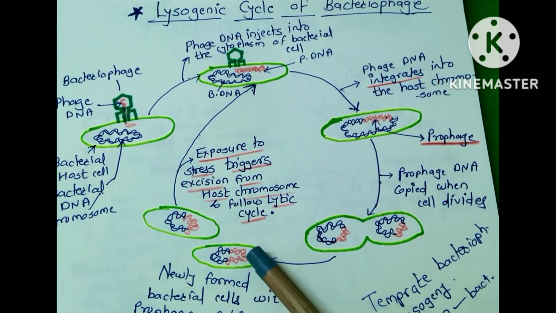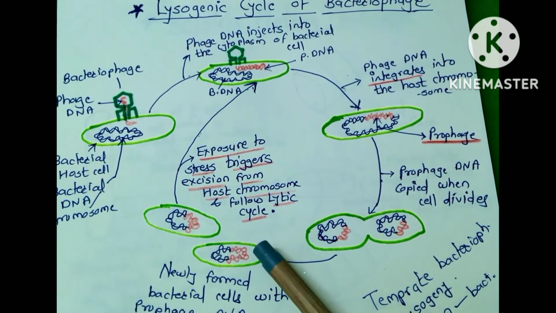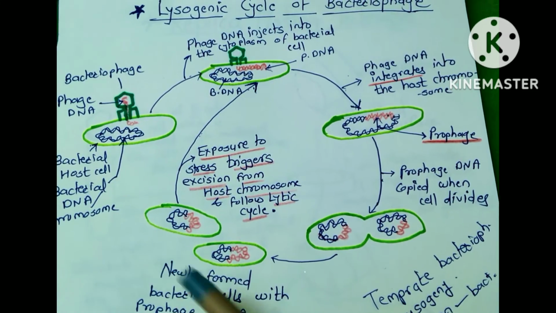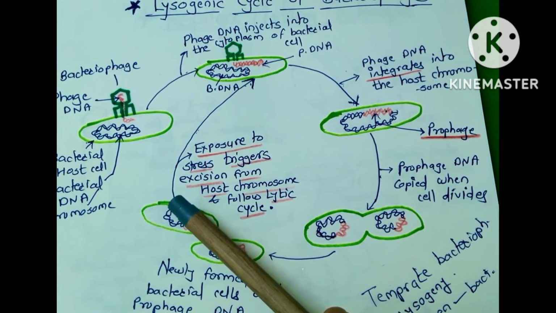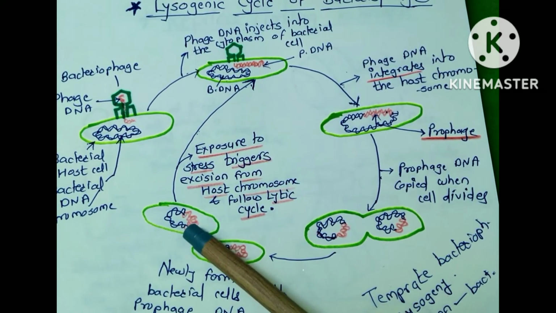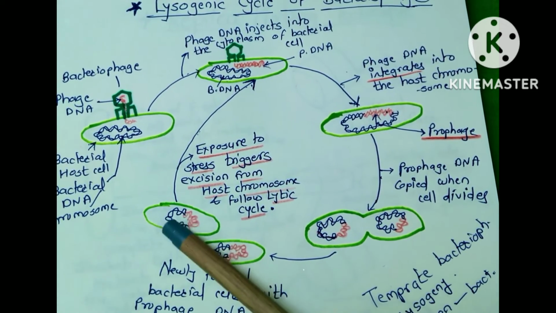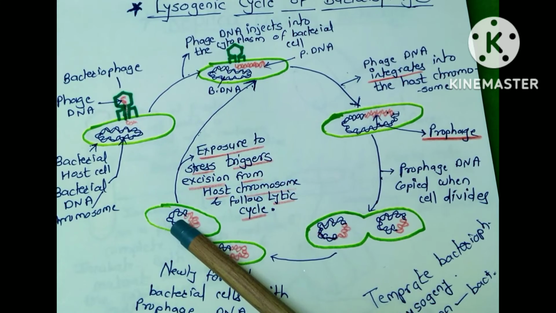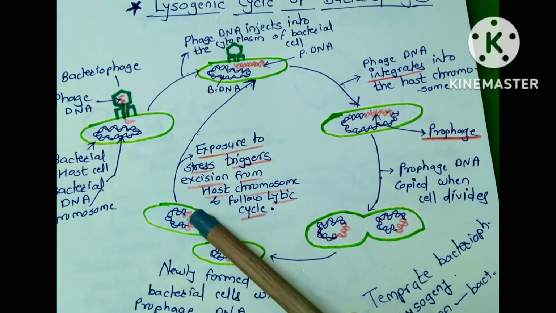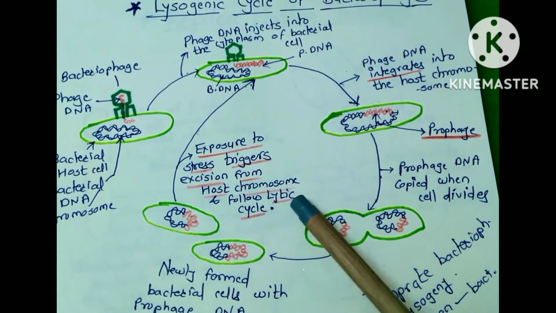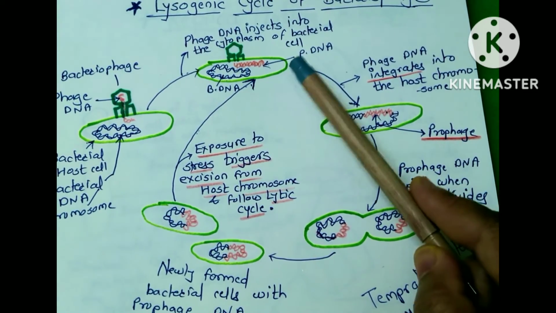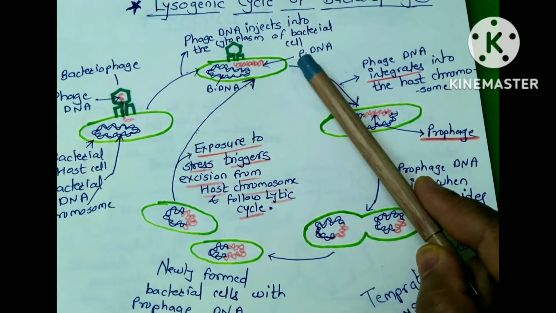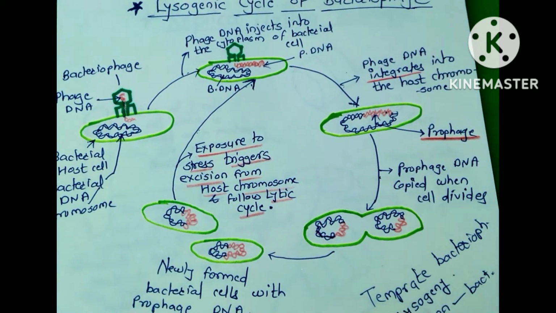Many newly formed bacterial cells carry prophage DNA, and then exposure to stress conditions leads to excision of the prophage from the host bacterial chromosome, and then this phage can enter the lytic life cycle. That means multiple copies of the phage are formed, which leads to lysis of the bacterial cell.